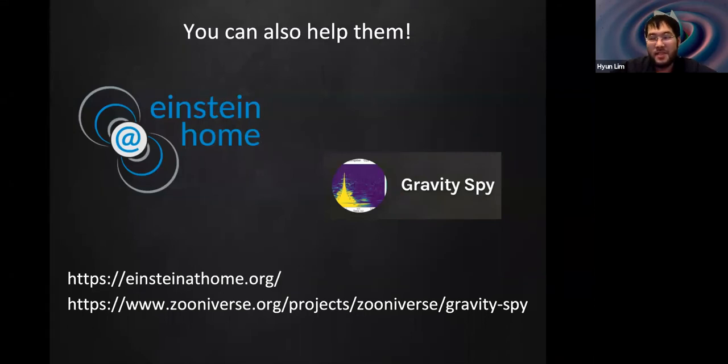I'm talking about large collaborations, but this is not only work for a few professional scientists. Two interesting efforts are called Einstein at Home, which is the idea of using your computer to do some data analysis. Since the data we get from LIGO is really large, we want to use a technique called cloud computing to classify and understand the signal.